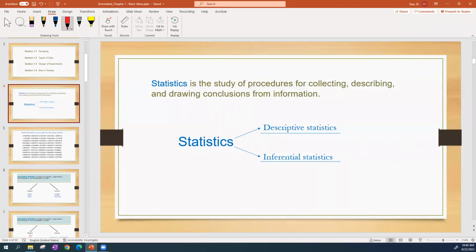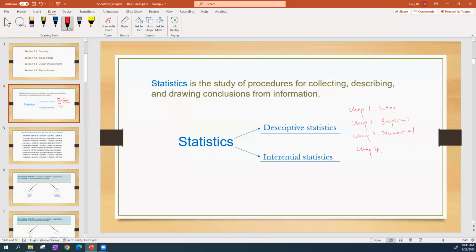For this semester, we have a total of 11 chapters. Chapter 1 is more like an introduction. In chapter 2, we have the graphical way to describe data. In chapter 3, we have the numerical way to describe data.